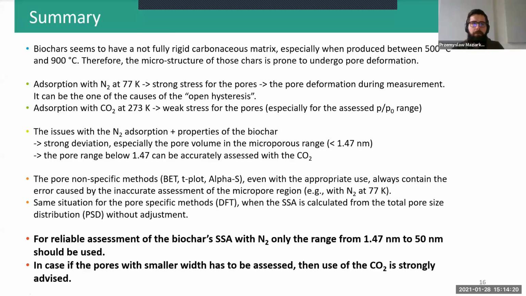So they will always be biased by the erroneous measurement with nitrogen, as well as by the lack of rigidity, by the biochar structure being prone to undergo deformation. So it's strongly advised to use pore-specific methods like DFT or the Monte Carlo method for assessment of the pore size distribution.